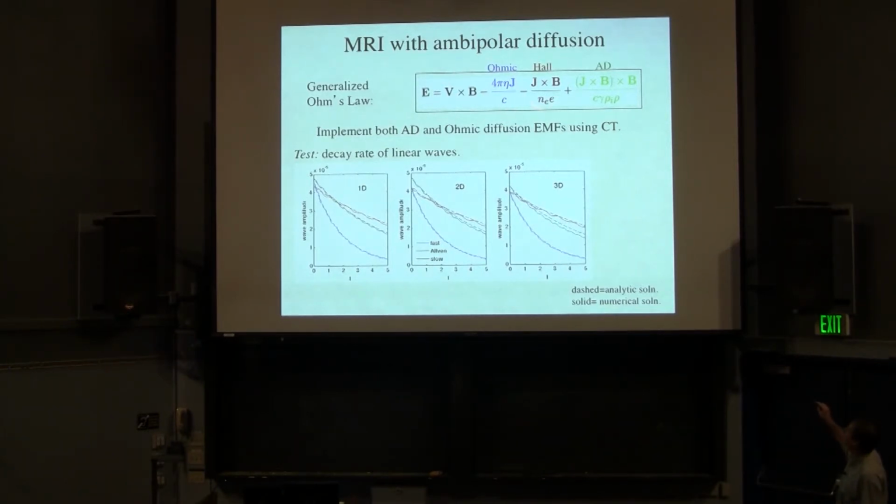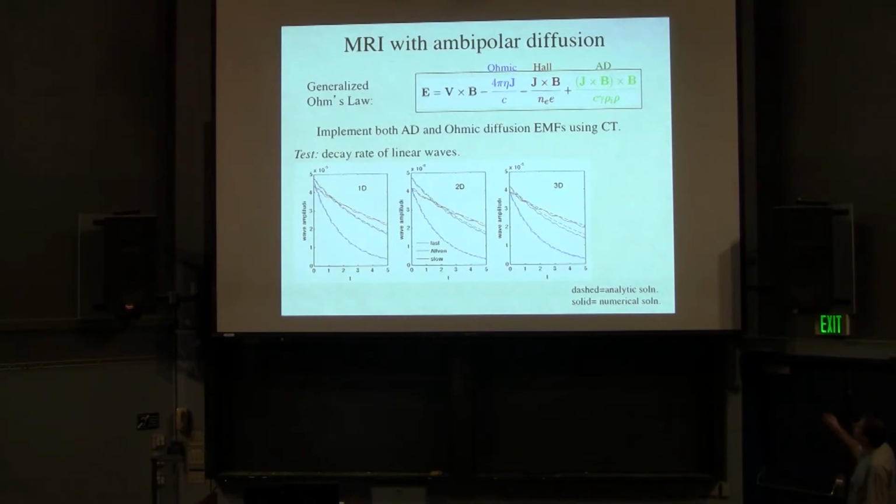But there should also be a Hall term, J cross B, due to drift of ions and electrons from collisions with neutral particles. And there should be an ambipolar drift term due to the drift between ions and neutrals, again, due to the differential collision rates between them.